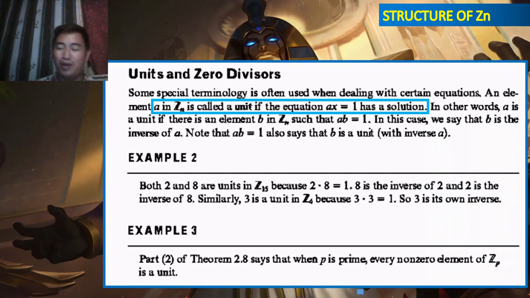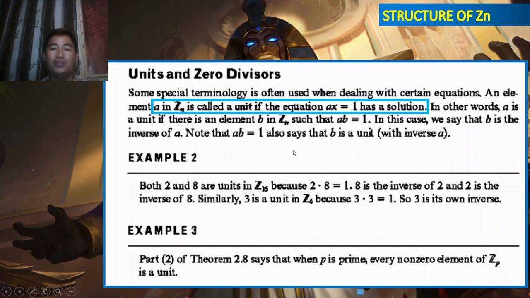So, kung naka-remember mo. So, in other words, A is a unit if there is an element B in Zn such that A times B is equal to 1. Unit daw si A class kung naay element pod nga B sa Zn, such that A times B equals 1. In this case, we say that B is the inverse of A. So, if AB equals 1, si B ang inverse ni A. Note that AB equals 1 also says that B is a unit.